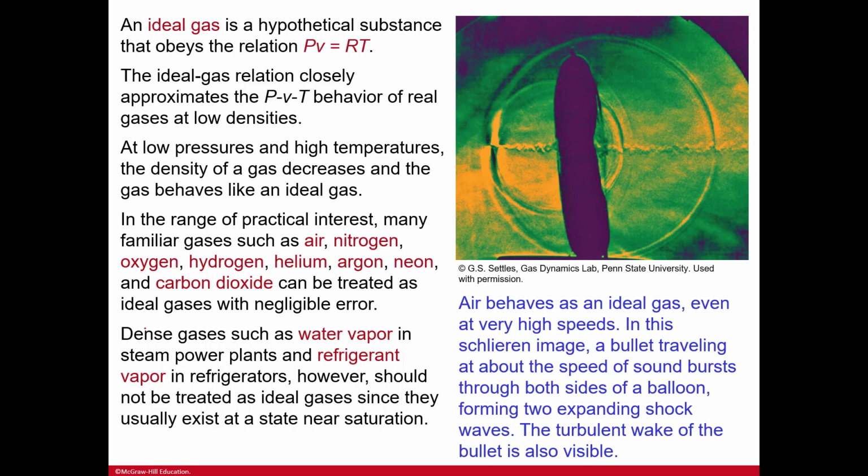At low pressures and high temperatures, the density of a gas decreases and the gas behaves like an ideal gas. In the range of practical interest, many familiar gases such as air, nitrogen, oxygen, hydrogen, helium, argon, neon, and carbon dioxide can be treated as ideal gas with negligible error. That's why it is a true hypothetical substance.